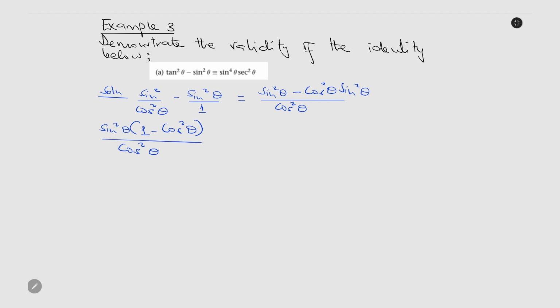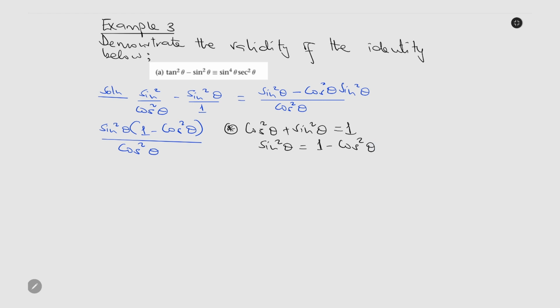But I know from the fundamental trig identity that cos squared theta plus sine squared theta is equal to 1. Therefore, sine squared theta is equal to 1 minus cos squared theta.